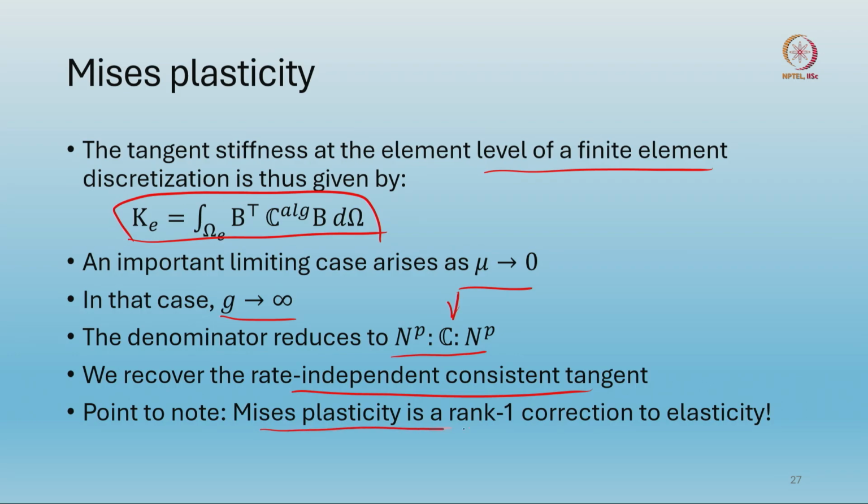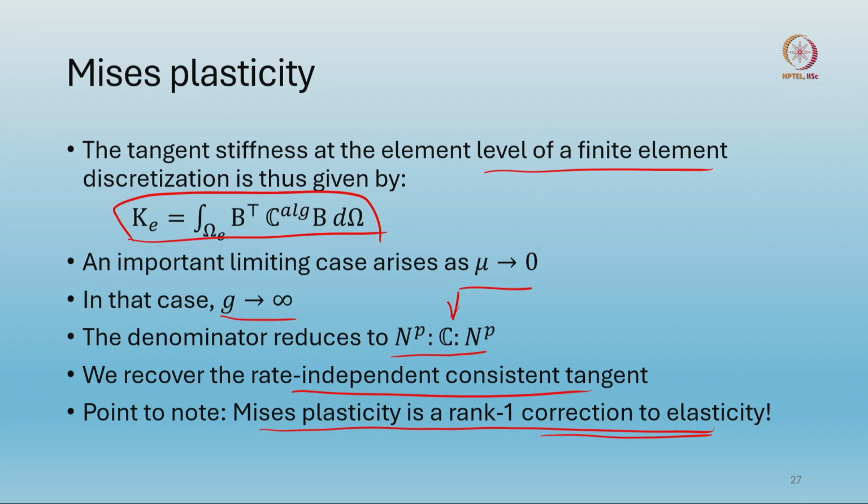But von Mises plasticity, even where rate dependence is there, is essentially a rank 1 correction to elasticity. That is a very important point. It is always a rank 1 correction to elasticity because of this fixed plastic flow direction.